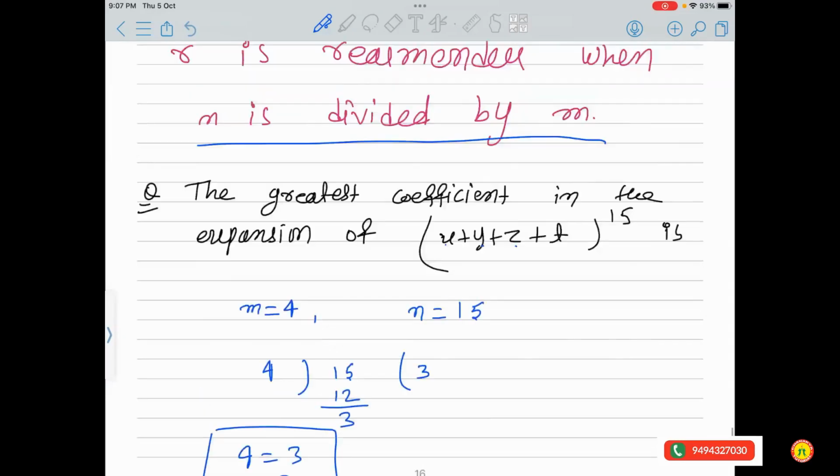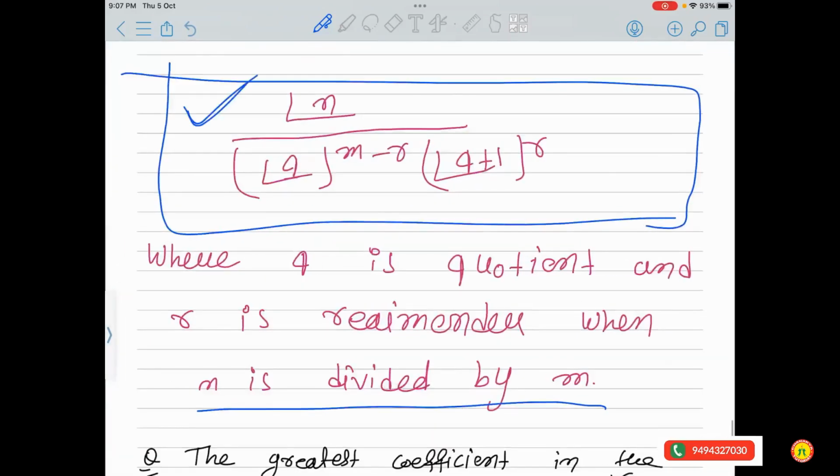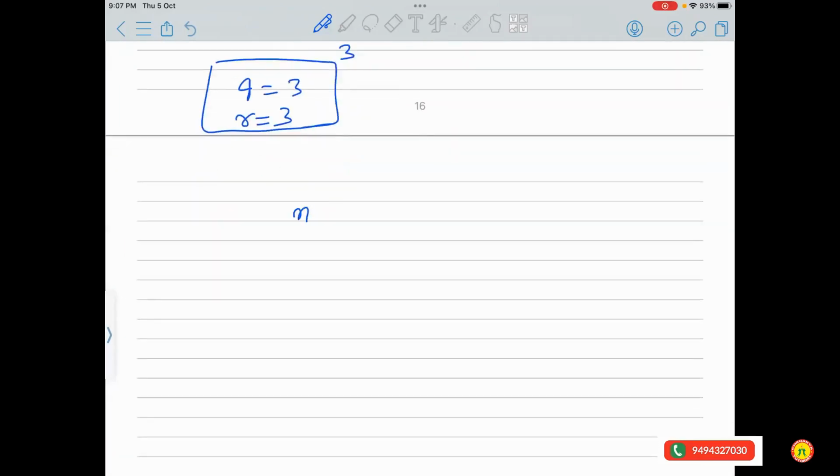So now put the values in the formula, right? The formula is n factorial upon q factorial power m minus r into q plus 1 factorial power r, the greatest term, right?